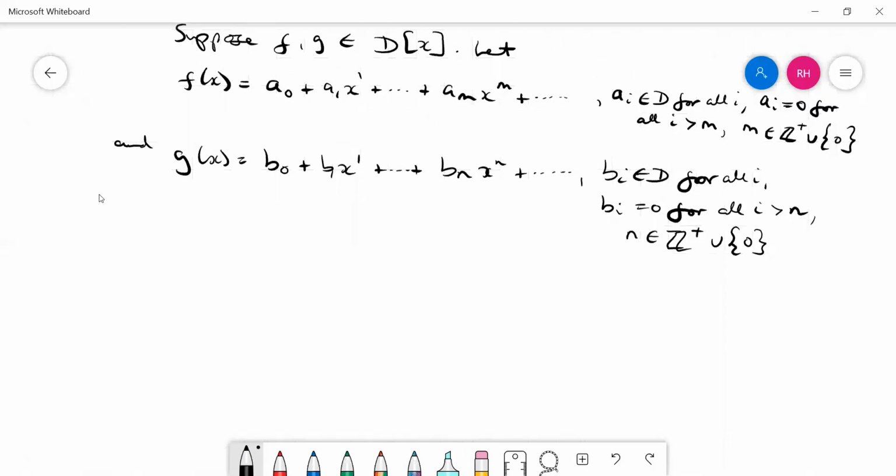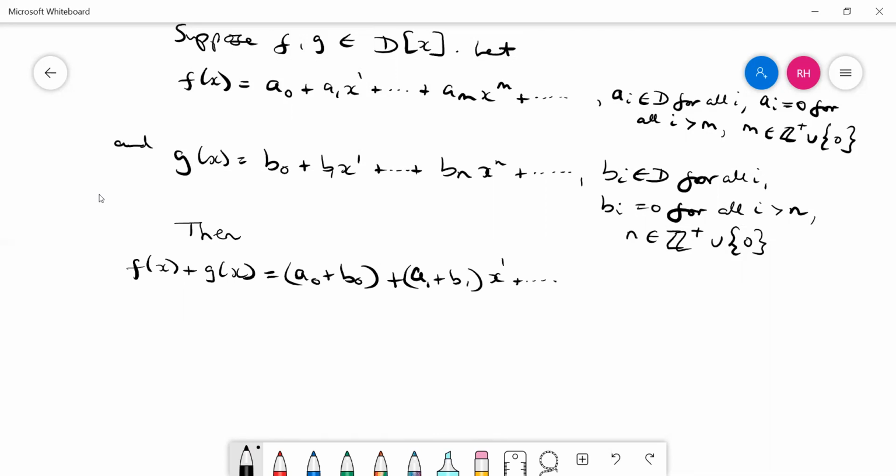Now what we can do, keep in mind what we've got to try and do here. We have to show that f(x) plus g(x) equals g(x) plus f(x). So I suppose we could write f(x) plus g(x) is equal to, actually I will write this first line just so you get the hang of it. a0 plus b0 plus (a1 plus b1)x^1 plus, and then that just goes on.